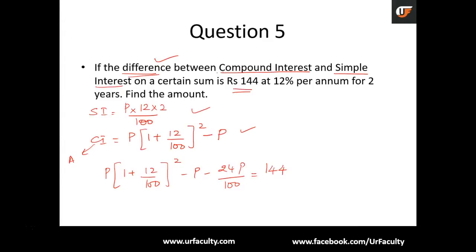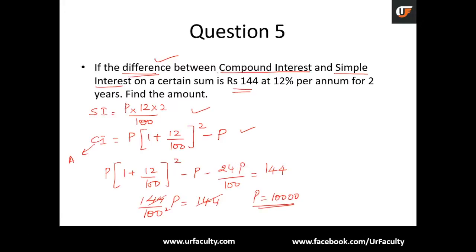So what you get ultimately is 144 by 100 square times P is equal to 144, and you cancel this, you get P is equal to, so this is the value that you get.